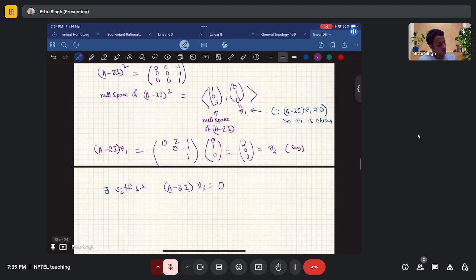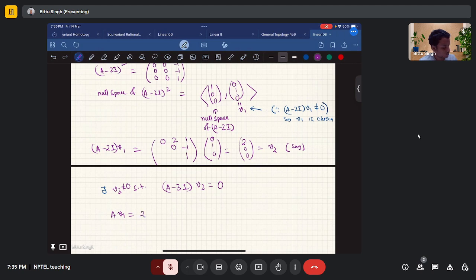So from all that data, what we have already obtained: first, A times v1 is 2 v1 plus v2. Just rewriting those things, A times v2 is actually 0, because A times (1, 0, 0) is 0, therefore A times (2, 0, 0) is 0.